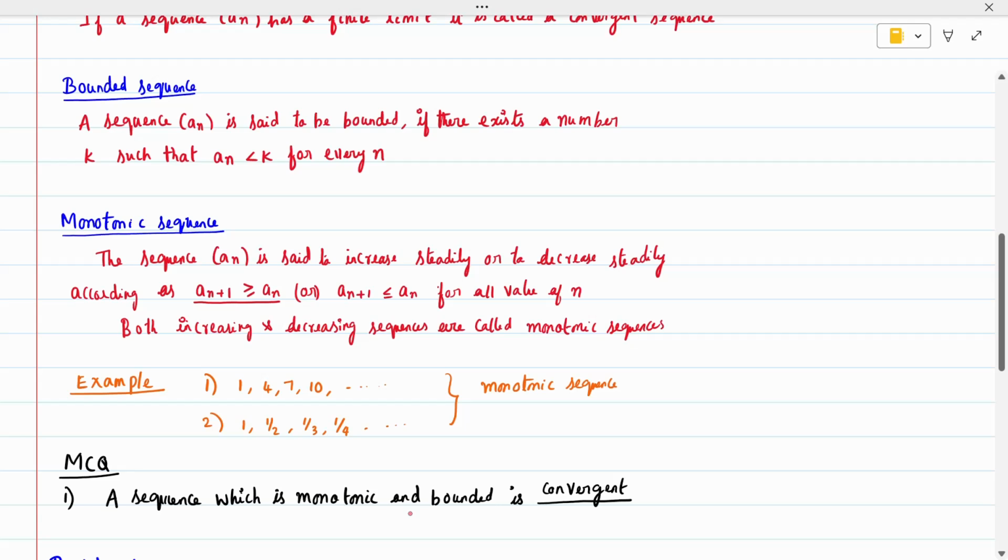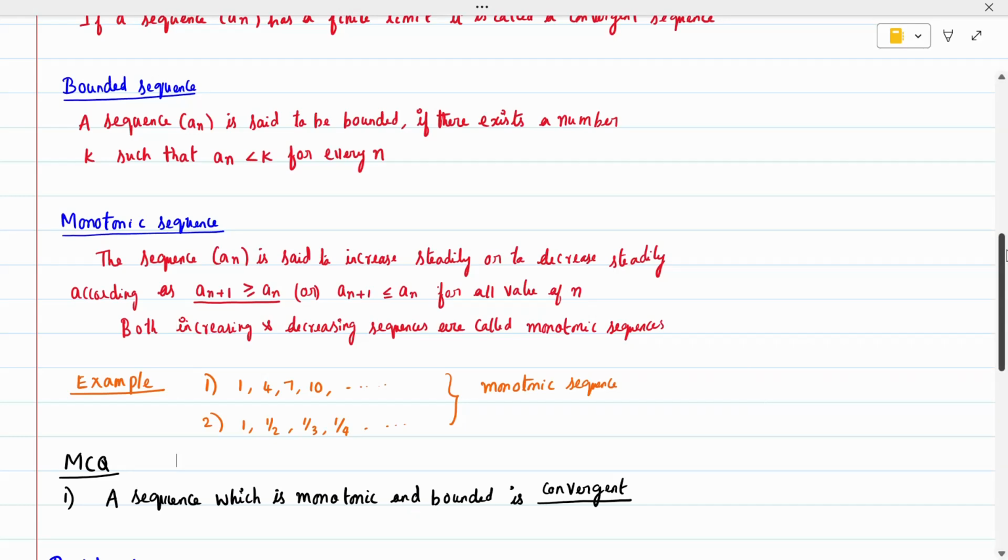Both increasing and decreasing sequences are called monotonic sequences. For example, 1, 4, 7, 10 is increasing. 1, 1/2, 1/3 is decreasing. Both are monotonic sequences. This is a definition: if a sequence is both monotonic and bounded, then it is convergent. It can be asked in the MCQ also.